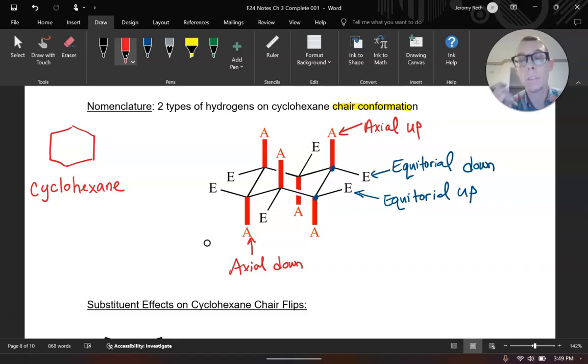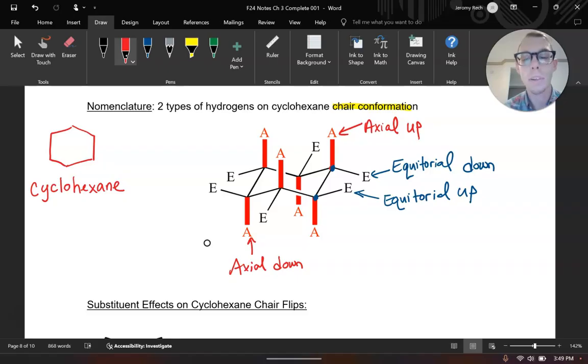For almost all our molecules we're going to draw 2 different chair conformations, which are just swaps or flips of each other. Often one of them is going to have higher stability, and we're going to be assessing which of them is most stable and therefore is the one that's going to exist the most.